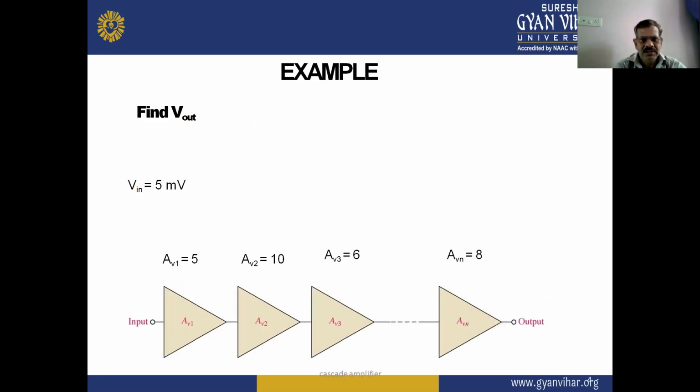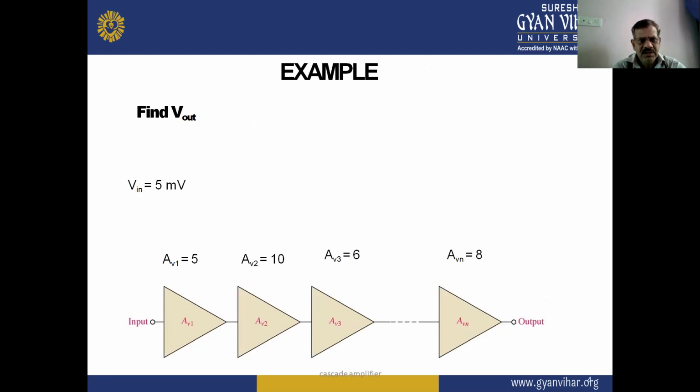For example, in this figure, we have the different voltage gain of each amplifier, and we have here the input voltage is 5 millivolt, and what is the output voltage?